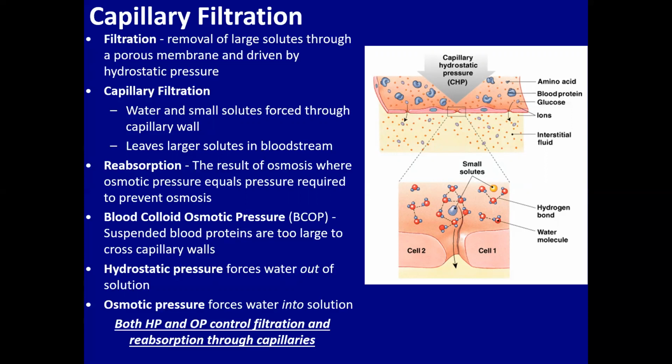Remember, we have water moving, so that allows for a greater concentration to occur in the area that the water moved out of. We also have blood colloid osmotic pressure. Colloids are large substances. So if it's a blood protein, if they're too big, that is going to create a pressure issue because they cannot cross the capillary walls.